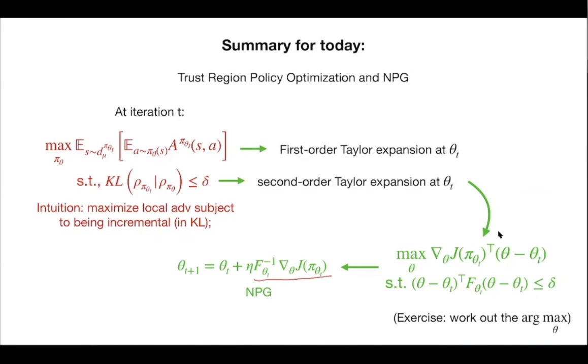So this is called natural gradient. The reason that we call it natural policy gradient is because we are applying this thing on policy in reinforcement learning. Okay, so that's the algorithm. And then now you actually just repeat, right, until you converge. Right, so that's all I want to cover today.